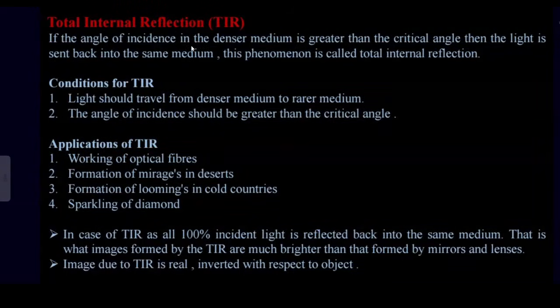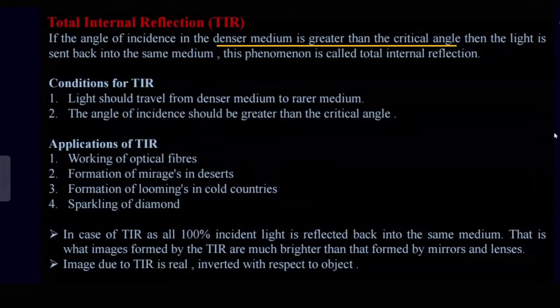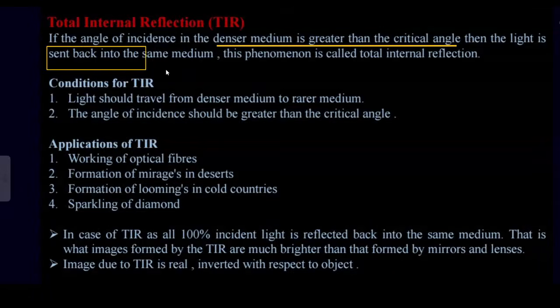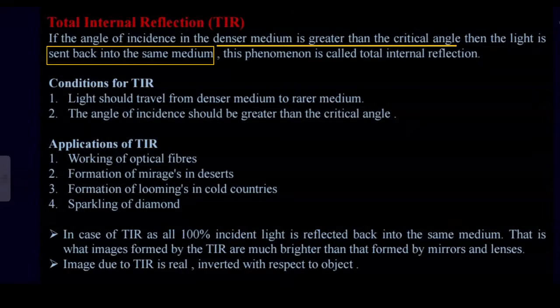The angle of incidence in the denser medium, if it is greater than the critical angle, then what happens? Then the light is sent back into the same medium. This phenomenon is called TIR.